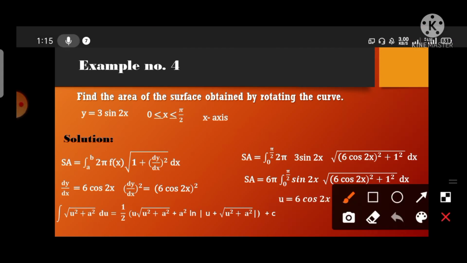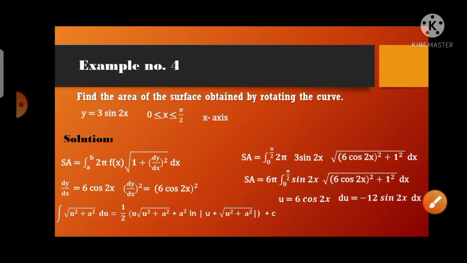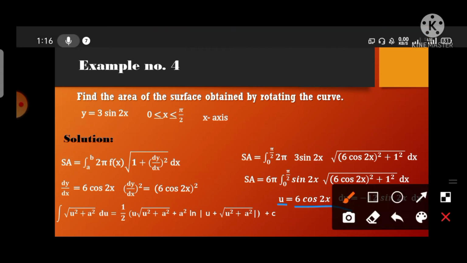So our u, as I said earlier, is 6 cos 2x. Our du is equal to negative 12 sine 2x, the derivative of u.